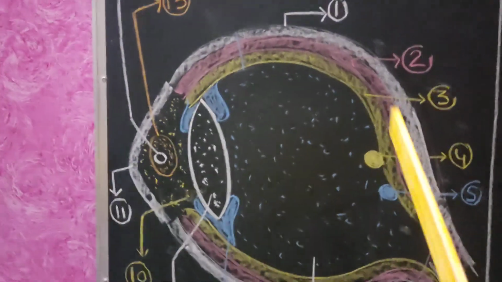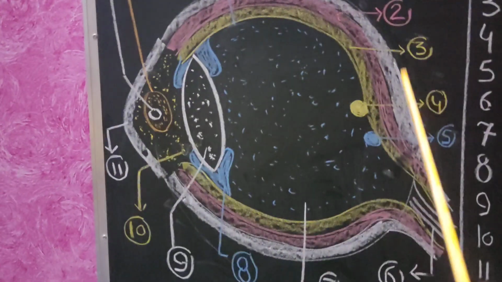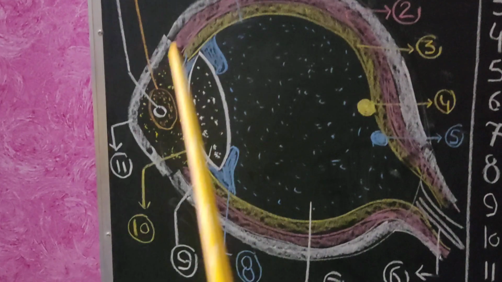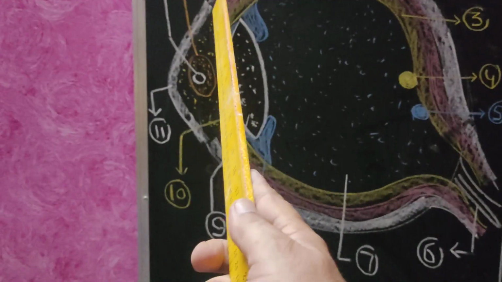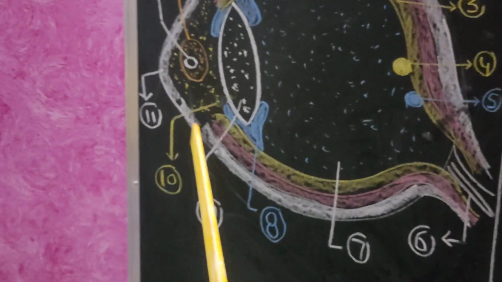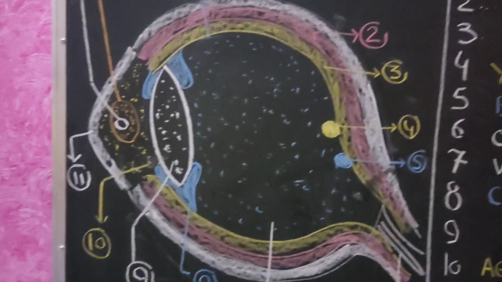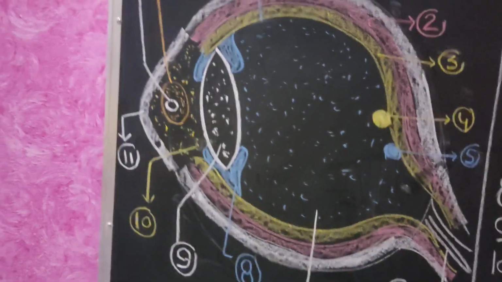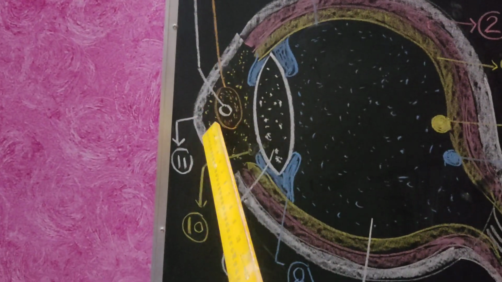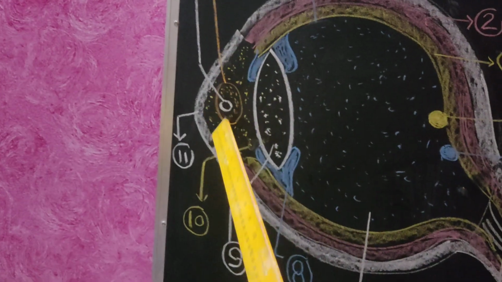The eye has a nearly spherical shape, and in front it is bulged, bent outside. That portion is what we see from outside when we see face to face, and that bulged portion is nearly white in color.